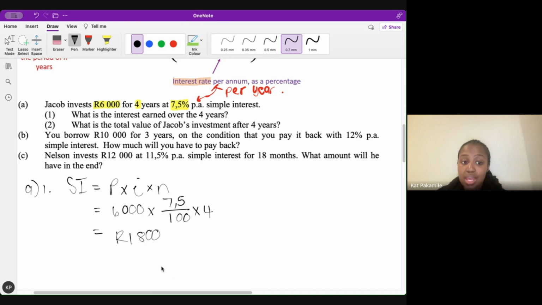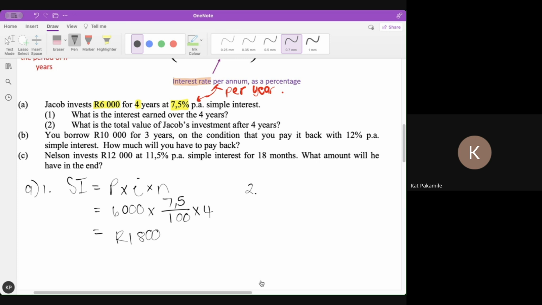Are we with me? And then number 2 says, what is the total value of this investment after 4 years? Now, there are 2 ways to work this out. What are the 2 ways? Alice already has the answer. What are the 2 ways of working out the total value? We can add, and what is the second one? What is the second method for finding the total accumulated?